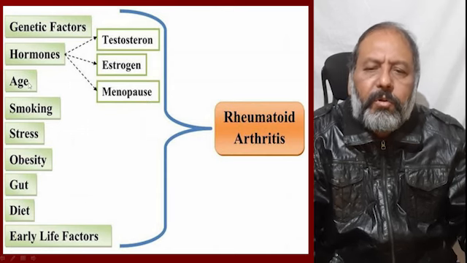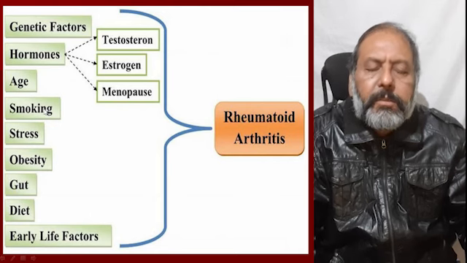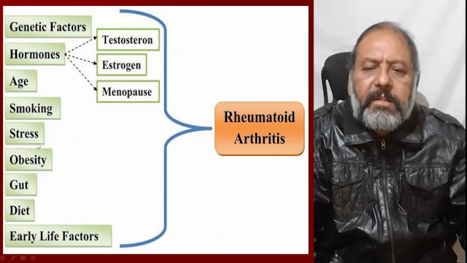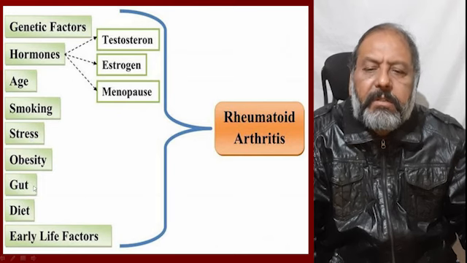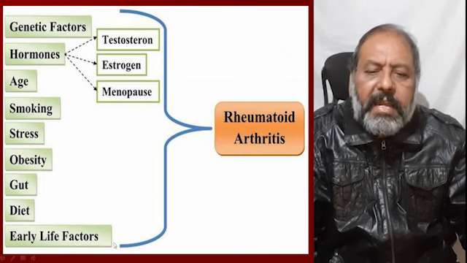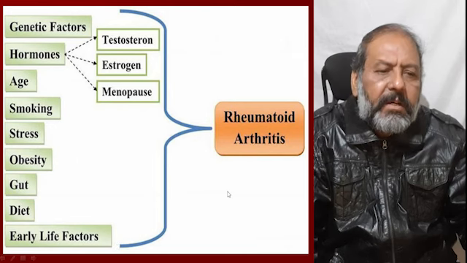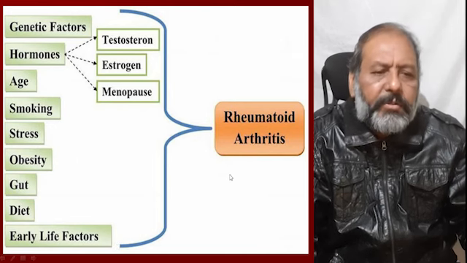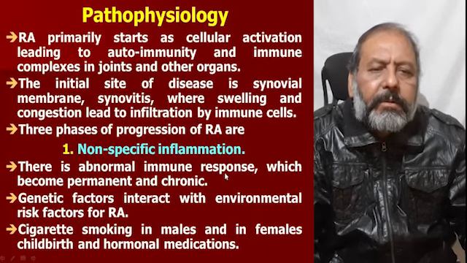Similarly, age of the 4th to 5th decade and smoking also provoke rheumatoid arthritis. Stress, obesity, overweight, gut, diet, and early life factors all can cause rheumatoid arthritis.